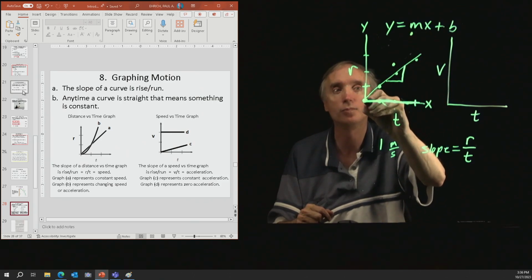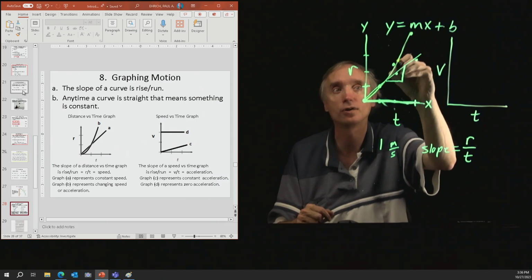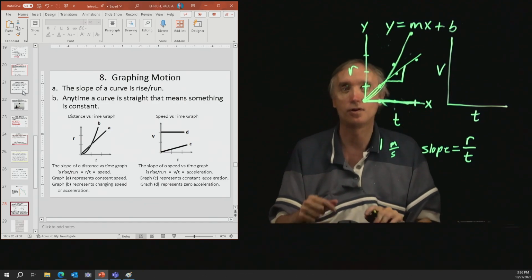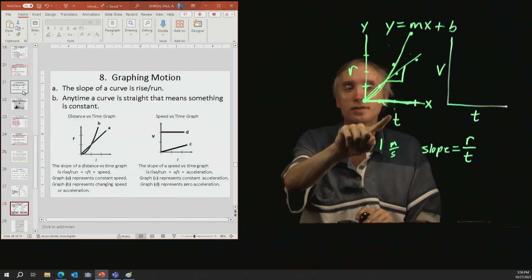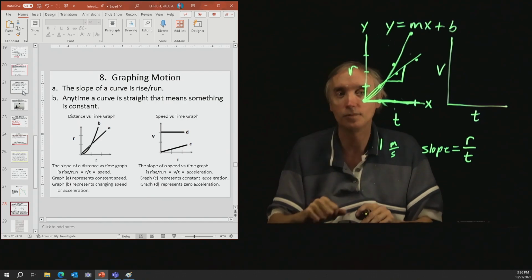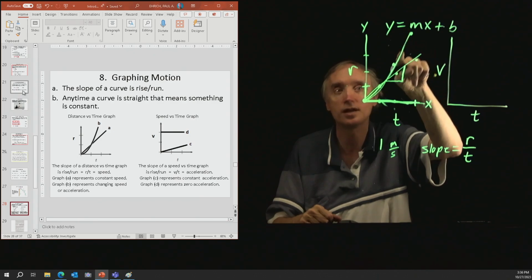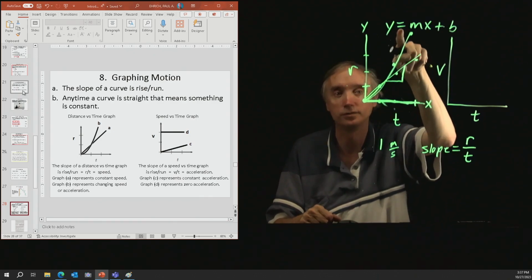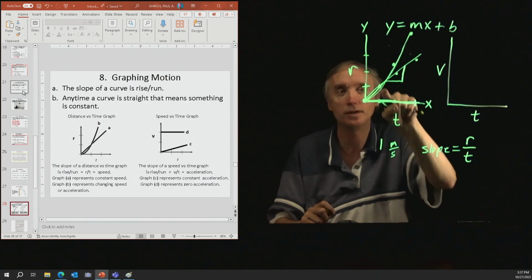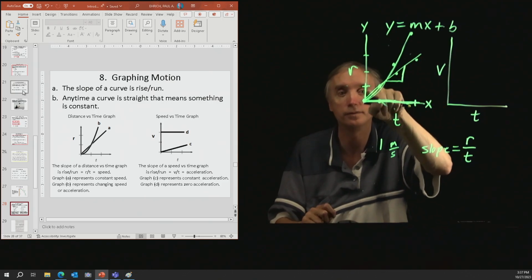So what you end up with is a curve. So on a distance versus time graph, if something is accelerating, then it's going to have a curve to it. If it's going at a constant speed, it's going to be a straight line.